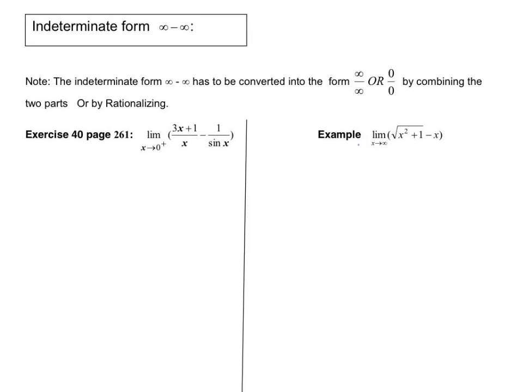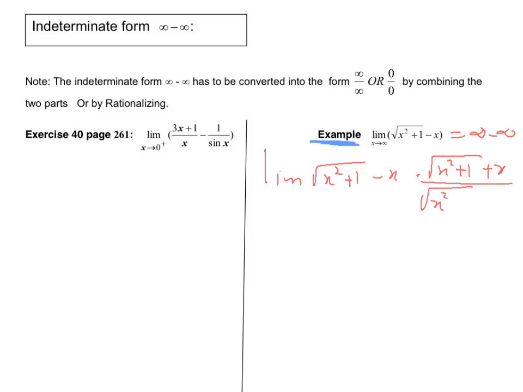One more exercise here, where by substitution this is equal to infinity minus infinity. You have to write this as a ratio, and the only way to write this as a ratio is by multiplying by the conjugate. So square root of x squared plus 1 plus x, divided by square root of x squared plus 1 plus x, as x goes to infinity.